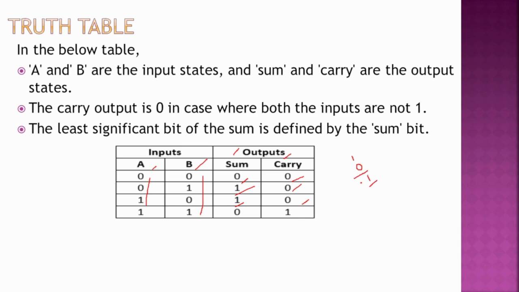If there is no carry value, you need to mention 0. 1 plus 1 is 10. 10 means the sum will be 0 here and the carry will be 1.